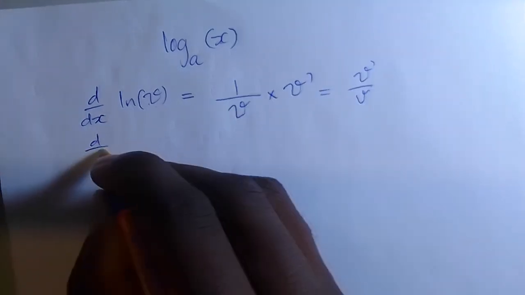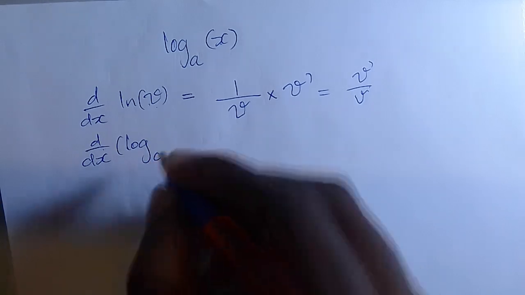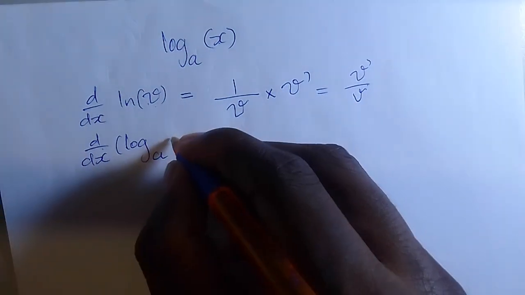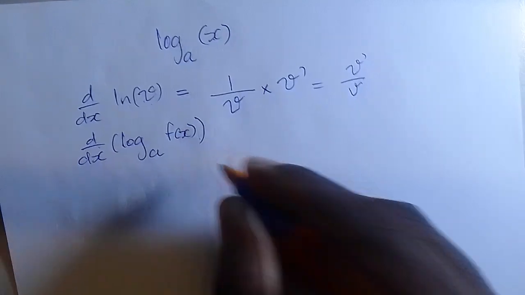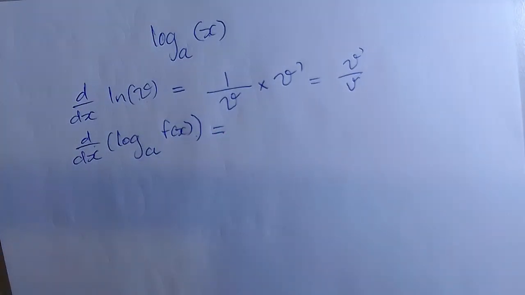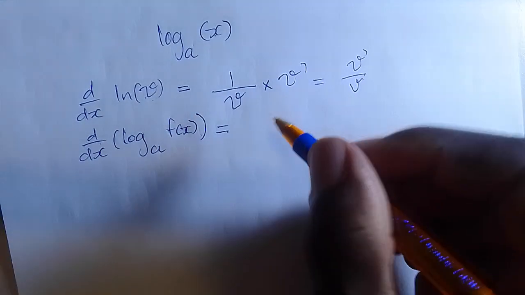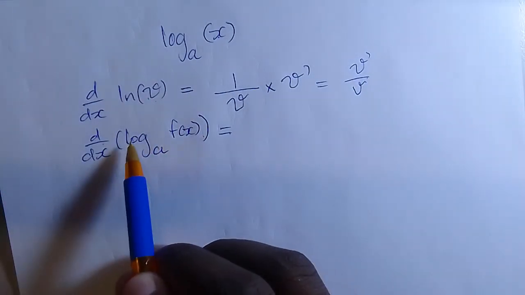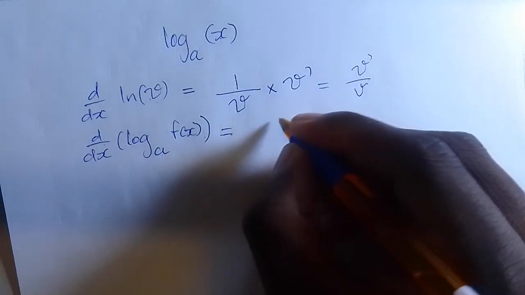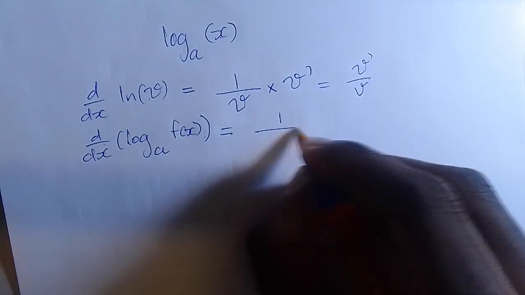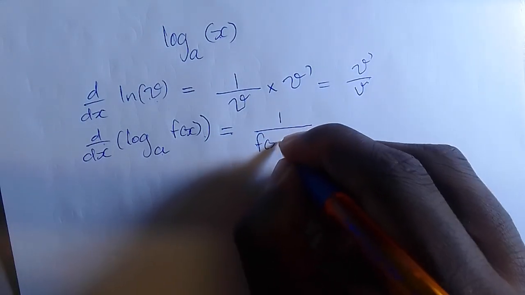Now the derivative of log base of some constant of some function f at x is equivalent to, this is a bit different but it's very similar to, you derive the outside, which is log base of that thing of some function, so that outside will be 1 over, you put the function f at x.